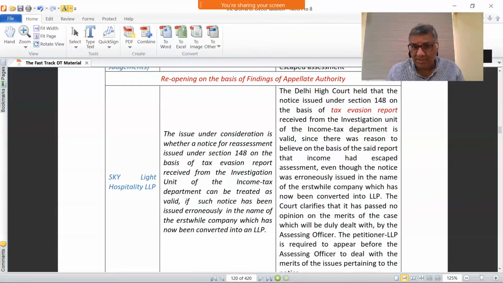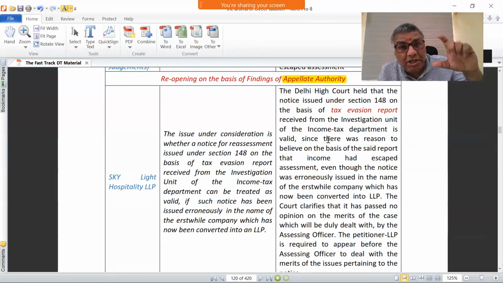This is interesting. Reassessment on the basis of findings of appellate authority. A tax evasion report was given to the assessing officer saying this assessee has evaded tax. That is done by the investigation wing of the income tax department.